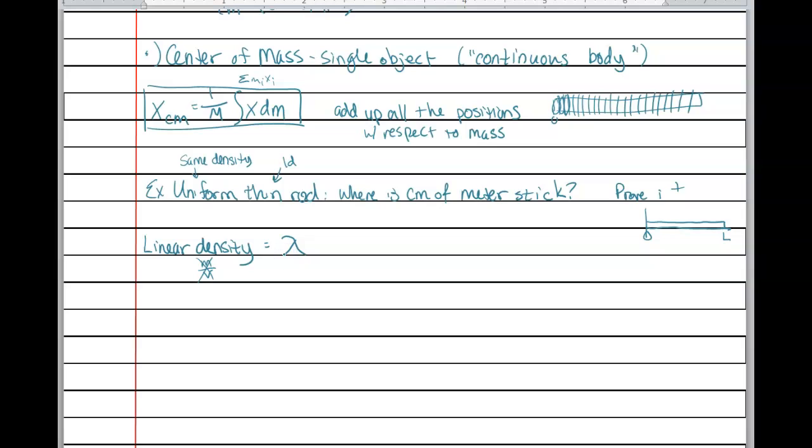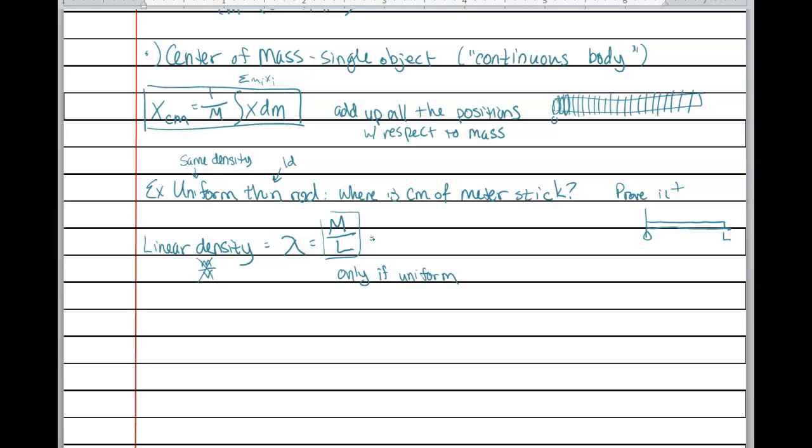We have to share that with wavelength, I guess. And that's the total mass of the object divided by the length of the object. But this is only true if it's uniform, so you can only use the total mass over the length if it's uniform density.